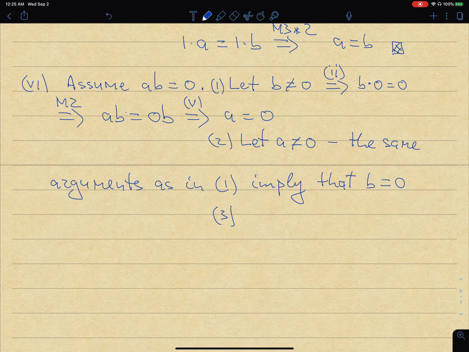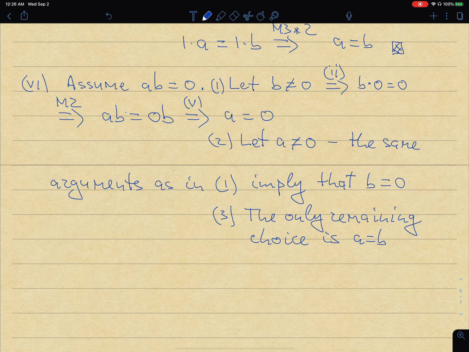So the only remaining choice is A, B are both equal to 0, because either one is not equal to 0 or both are 0.